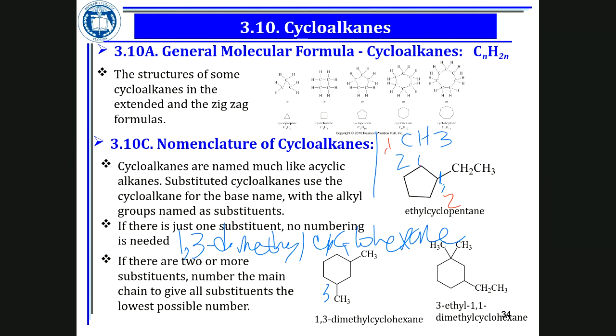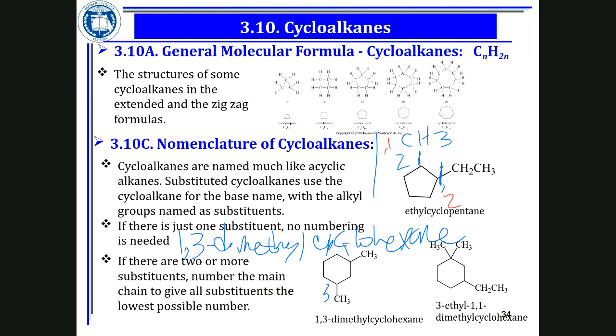The IUPAC rule says for a cyclic system, if you have 2 branches, you are going to number from the side that gives you the lower number to the first one based on alphabetic order. So if we have an ethyl group, preferably it takes number 1 and methyl takes 2, rather than the opposite. We don't want methyl to take 1 and ethyl to take 2. So methyl would be 2 here and ethyl is going to be 1.